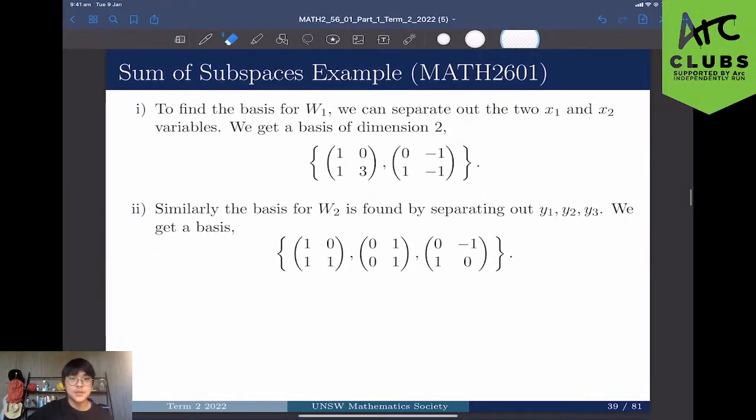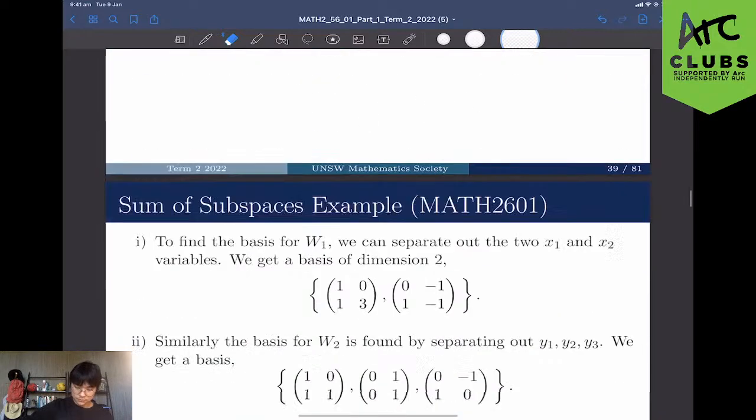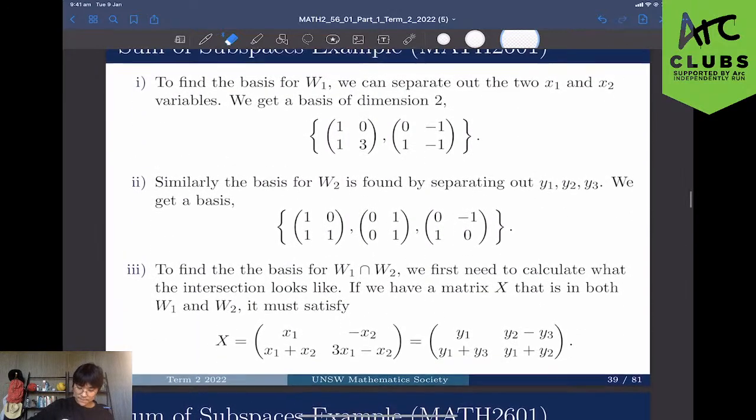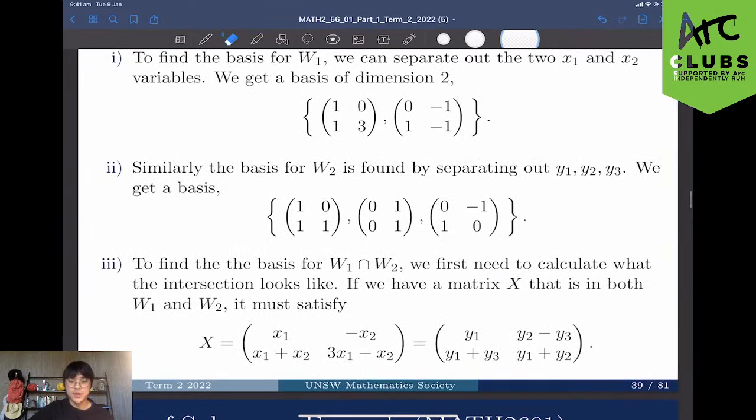Okay, so to find the basis for W1, we can just take out x1 and x2. And to find the basis for W2, we can take out the y1 to y3. And like I said, to find the intersection of W1 and W2, the rule in W1 has to be true, and the rule in W2 also has to be true.